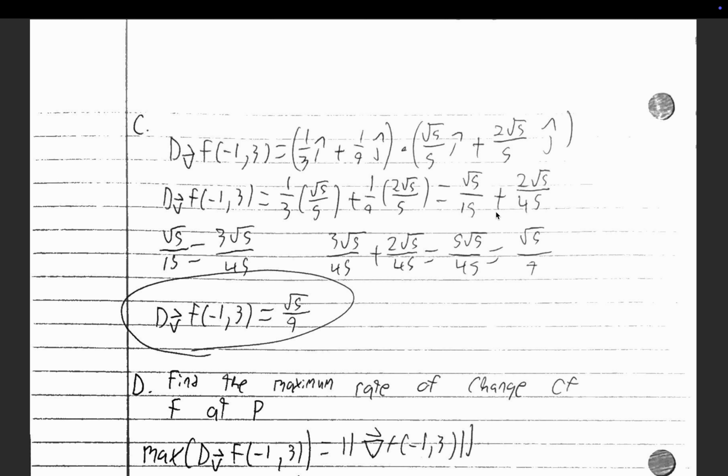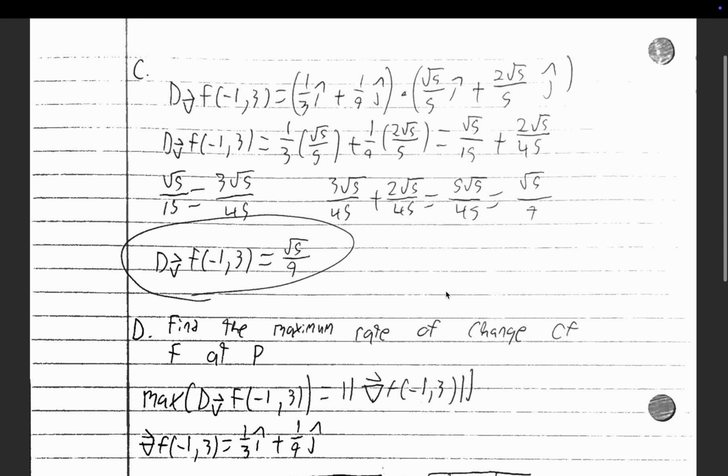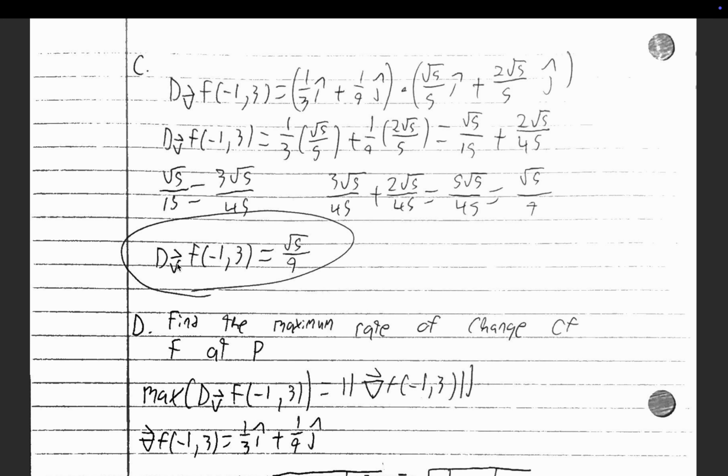To get a common denominator, we multiply the numerator and denominator by 3 to get 3 rad 5 over 45. Now it's easier to add these, which gives us 5 rad 5 over 45, simplifying to rad 5 over 9. So the directional derivative in the direction v of the function f at negative 1, 3 is rad 5 over 9.